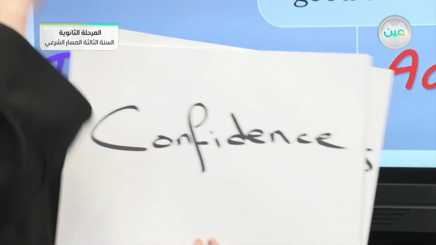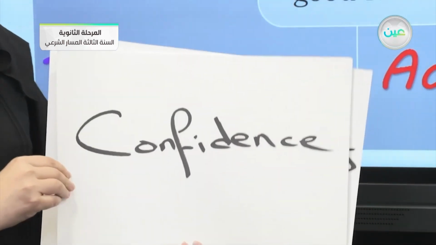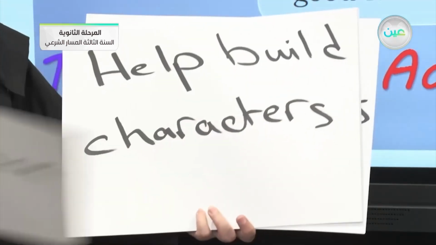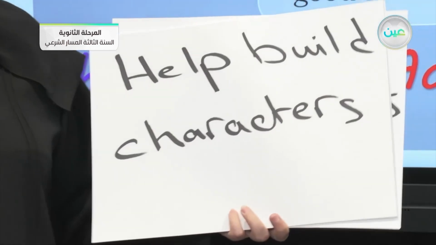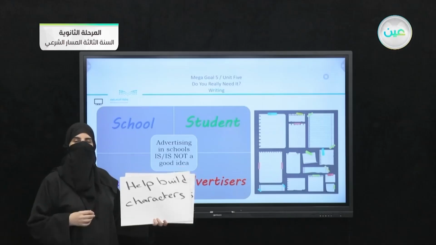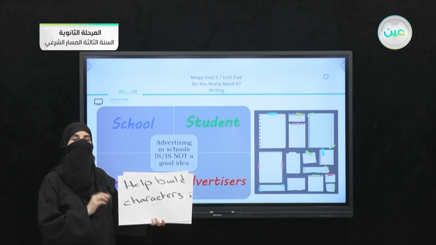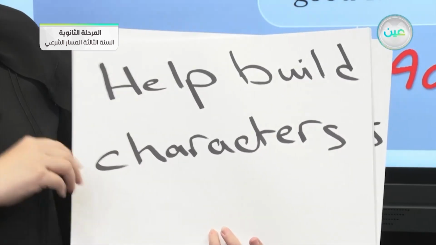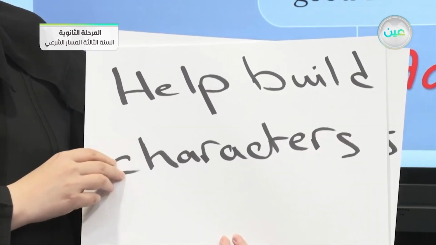Now, I also collected a few points about students here. I have the third part, which is the advertisers. In this idea, we have something about the advertisers and the students. Some advertisers are not aware that they do help build the characteristics of these students when they feel that they are important, they are confident, and they are reliant.